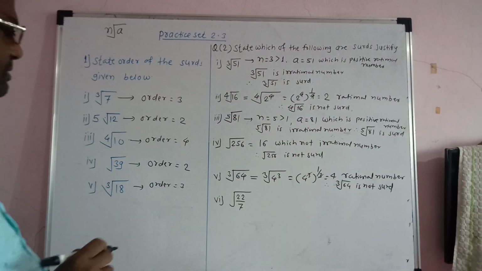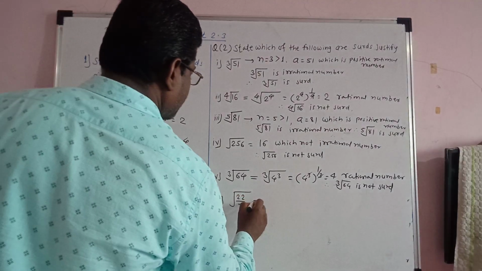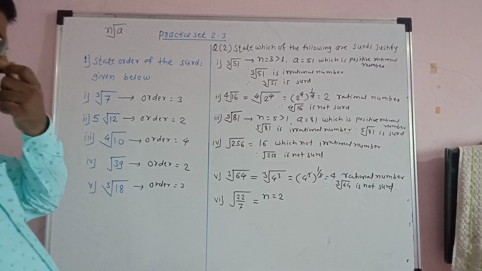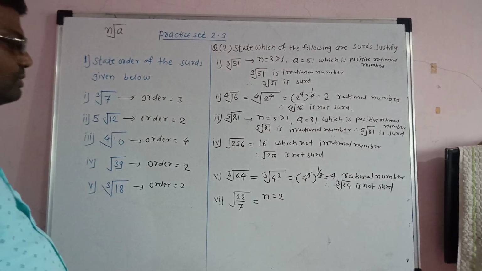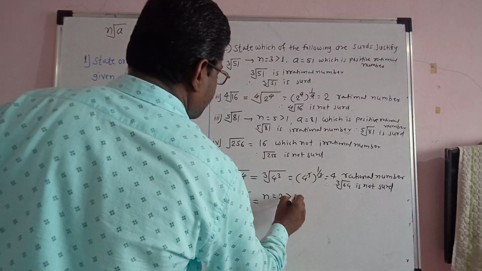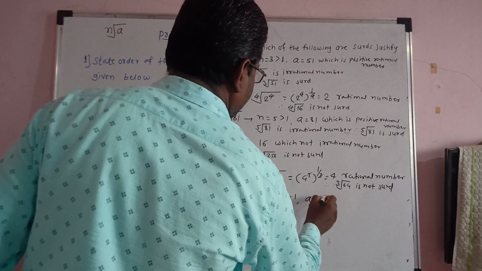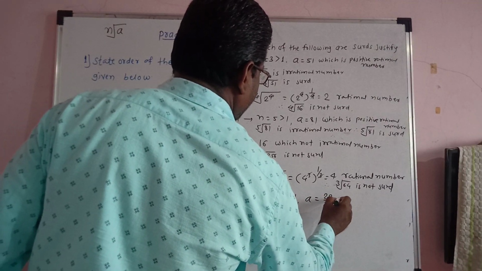Now square root of 22 upon 7. Here n is equal to 2. The order of a square root is always 2. n is equal to 2, which is greater than 1. The radicand a is equal to 22 upon 7.